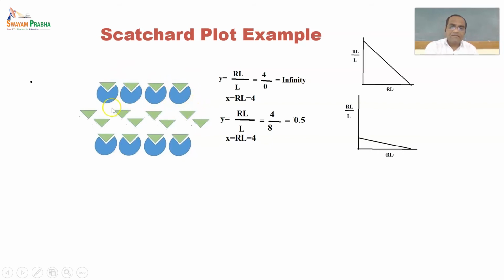But if we increase the concentration of ligand, the slope will decrease. So this tells us about the number of binding sites and the affinity towards the ligand. For affinity we'll take one more example.